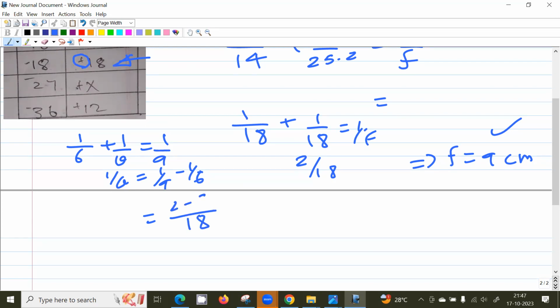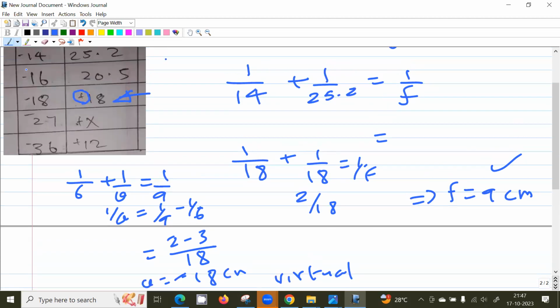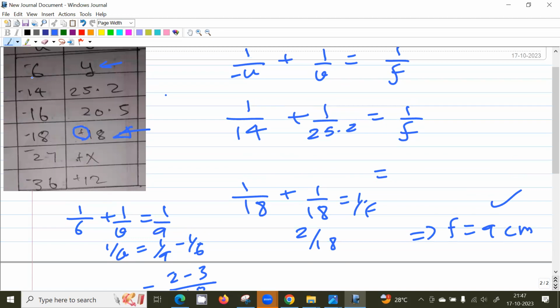So 2 minus 3, so 1/v is minus 1/18, and v is equal to minus 18. Because u is minus 6, that is less than the focal length, because focal length is 9. So it's within the focal length, so obviously the image will be virtual.